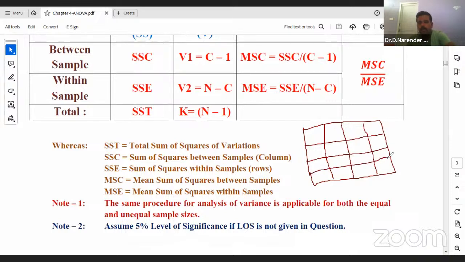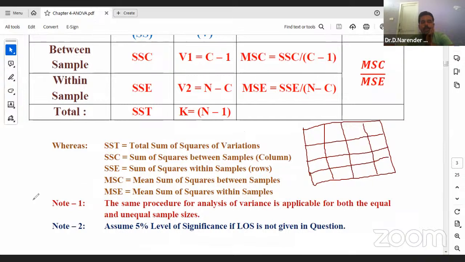What is the matrix size of this table? Anybody? By observing this table, what is understood by you?